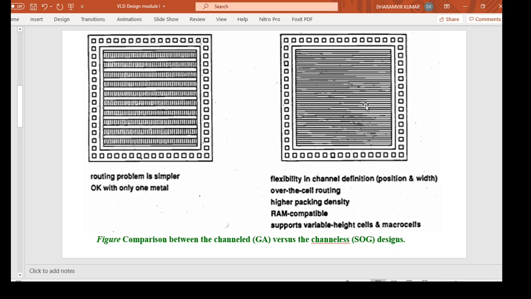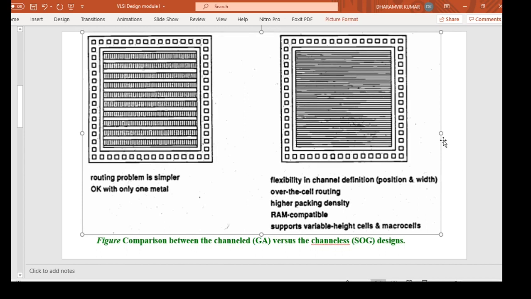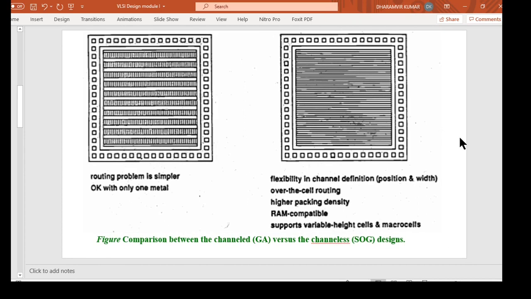So it uses both the metal interconnections and some of the uncommitted transistors for connecting different cells. So don't think that we don't use metal layers in the case of channelless sea of gates designs. No.